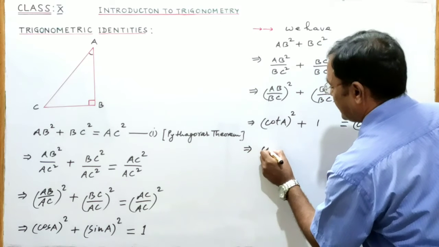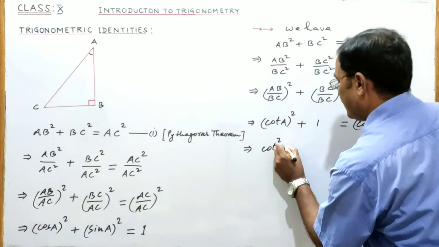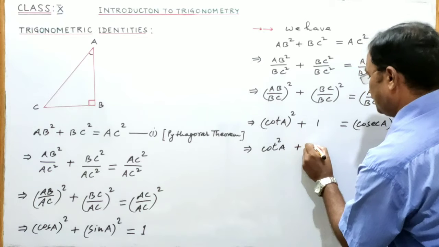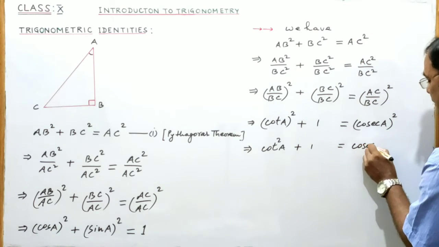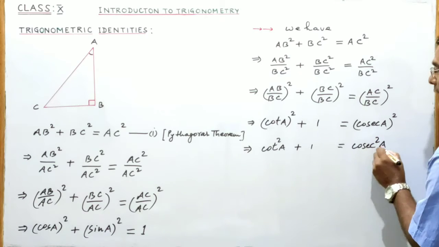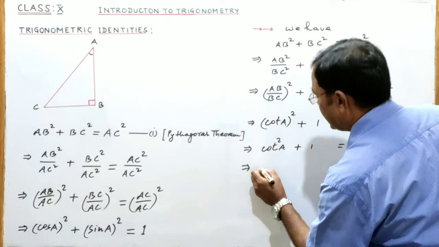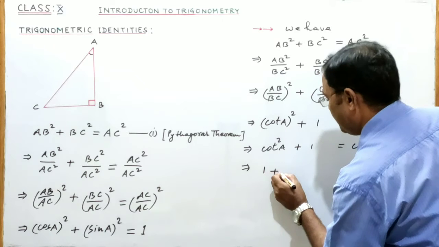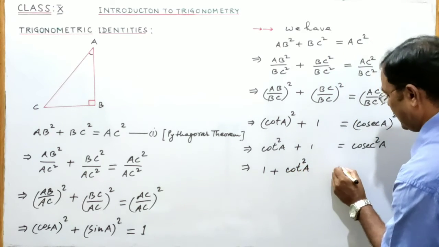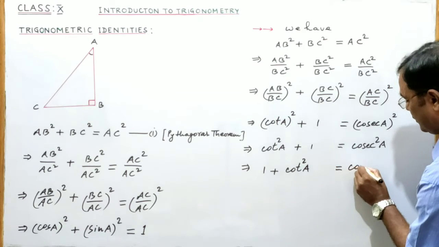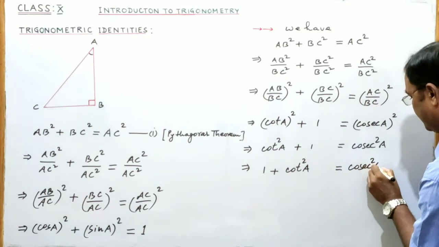This implies cot square A plus 1 is equal to cosec square A. Further, it can be written as 1 plus cot square A is equal to cosec square A.